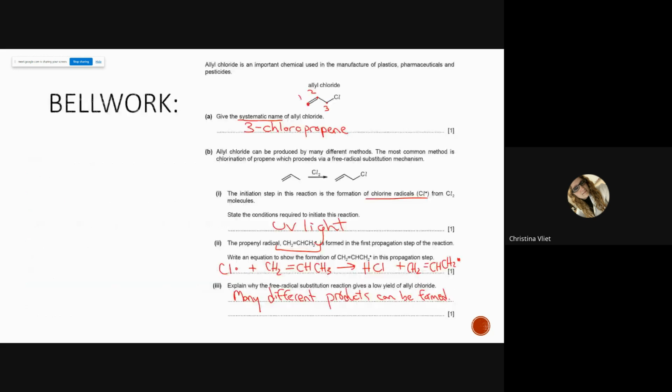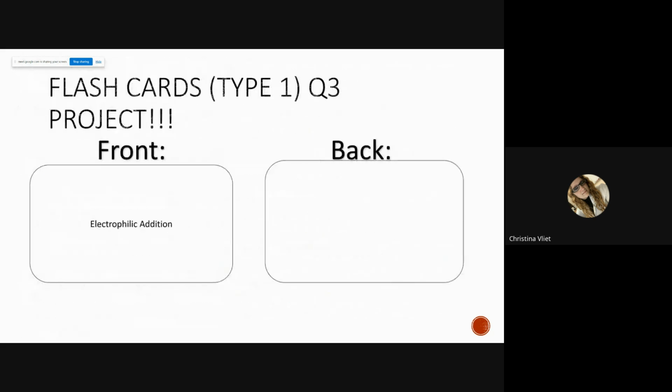All right. I'm going to go back to our flashcards periodically for our project as we go through types of reactions. Remember, for every type of reaction you have, I want you to make 2 or 3 flashcards. The first one should be the name of the reaction in the front and what happens in the back. So I haven't taught that yet, so I'm leaving this blank. We'll come back to this.